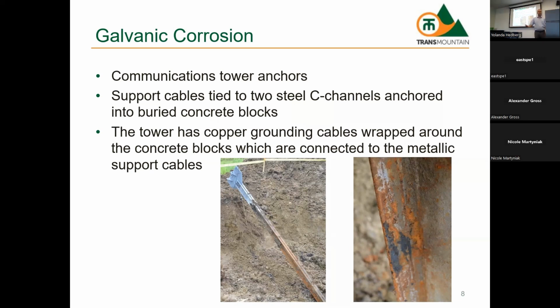Corrosion. Okay. Where did it corrode? It actually corroded. The failure point was further down, right where it went into the concrete.